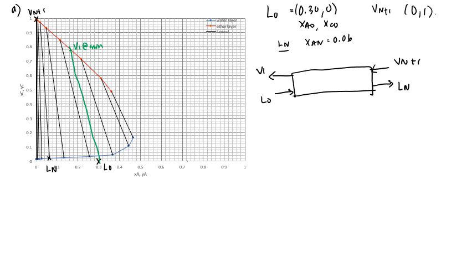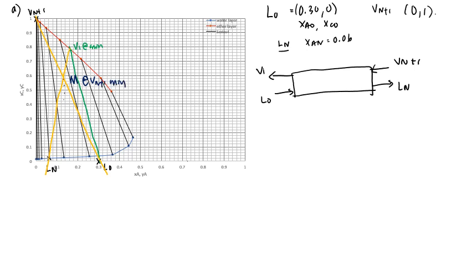What color should I use? Okay, so you connect these two lines, and you connect these two lines too, to get a mixing point M at Vn plus 1 minimum. Okay, M at minimum solvent flow rate.